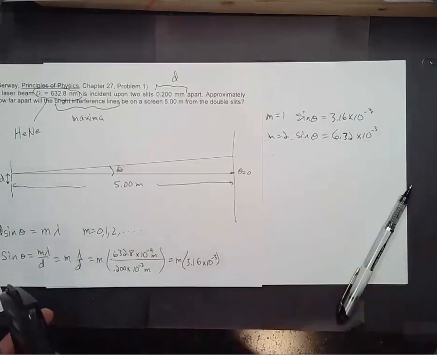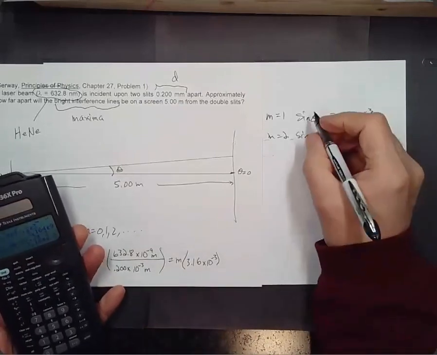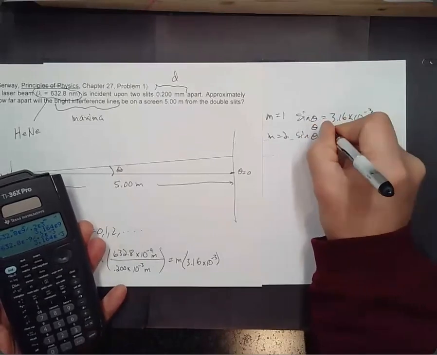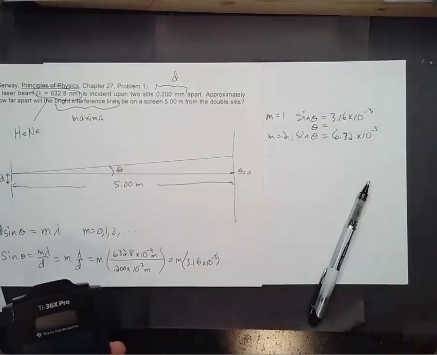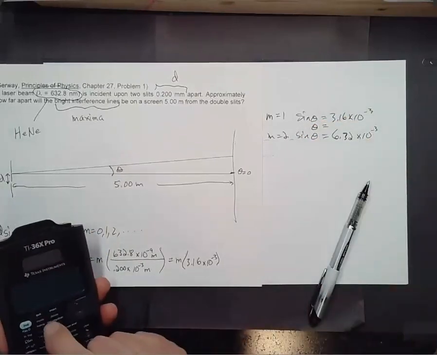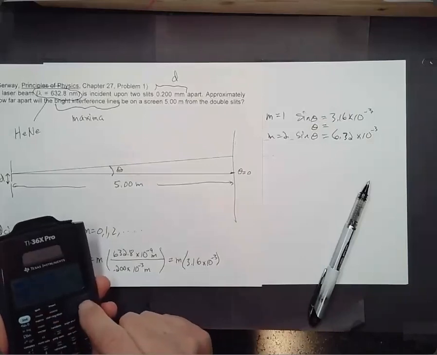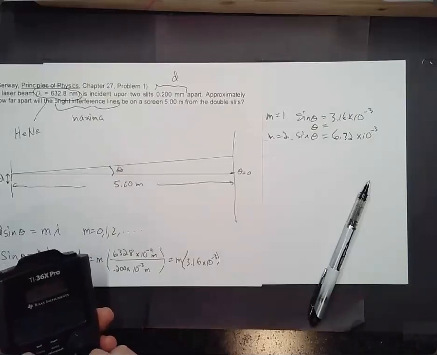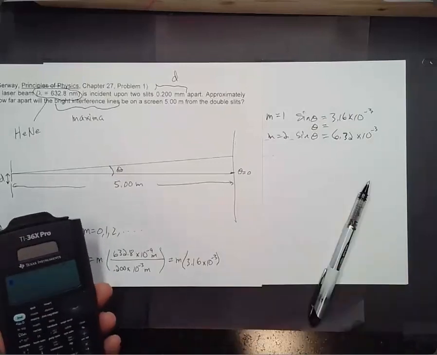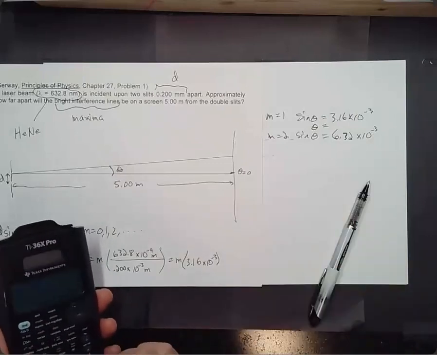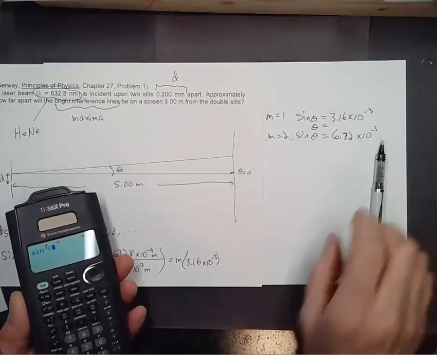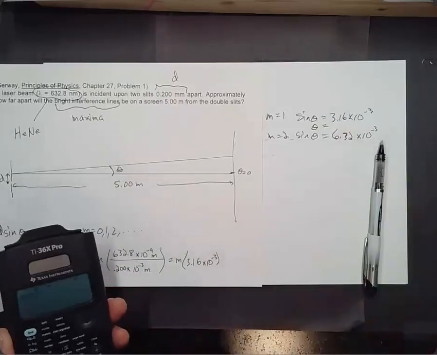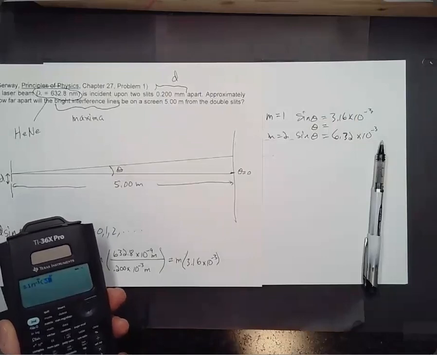Okay, now let's figure out the value of theta in radians. I need to take my calculator and put it into radians mode. So it's in radians, and I'll calculate the inverse sine, the angle for which the sine is 3.16 times 10 to the minus third.